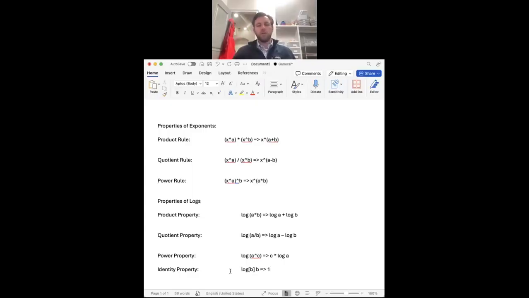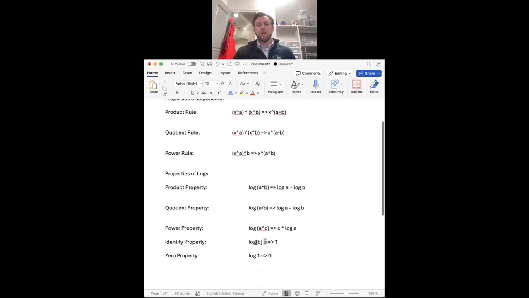And then the zero property is a log of whatever base of 1 equals 0. So these are the main ones. The identity property says when the base and the number are the same, then it reduces to 1. When the number is 1, then it reduces to 0.